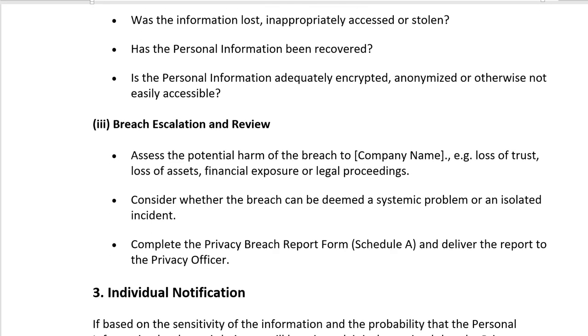Then once you've made an assessment of the harm, you need to think about whether or not it's a systemic problem, something that happens quite often, or is it an isolated incident? Then you'll complete the privacy breach form, which is in the appendix. We'll go over that.